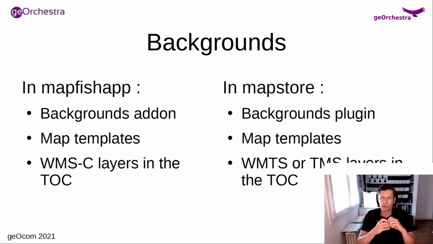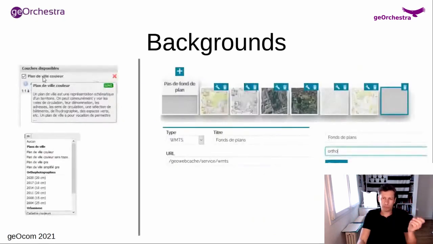And a big improvement in MapStore is that we can use native WMTS or TMS layers in the table of content, in the list of the layers. Backgrounds are quite similar, but in the UI, it's quite different. The functionality is similar, but the way to have a background on the layers in your table of contents is a little different. So you have to test to see how it works.